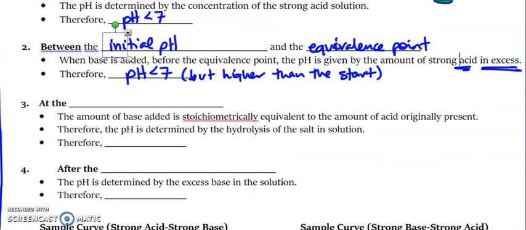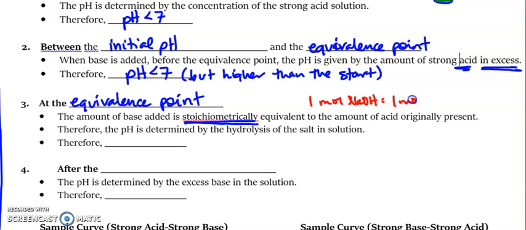Part 3 would be the equivalence point. This is when we have the amount of base equal to the amount of acid, a stoichiometric equivalent. With NaOH and HCl like in this example, there's 1 mole of NaOH for every 1 mole of HCl, because NaOH plus HCl gives us water and NaCl.